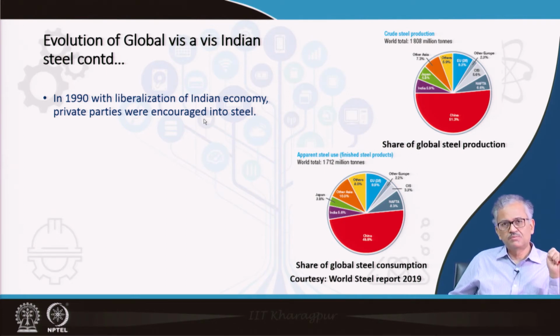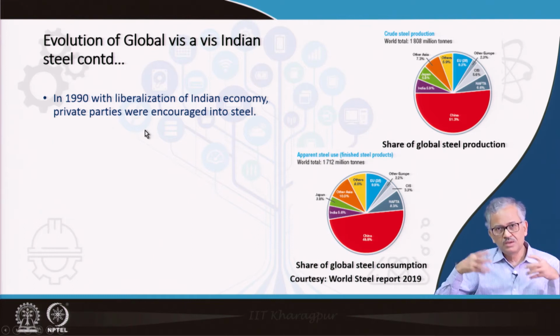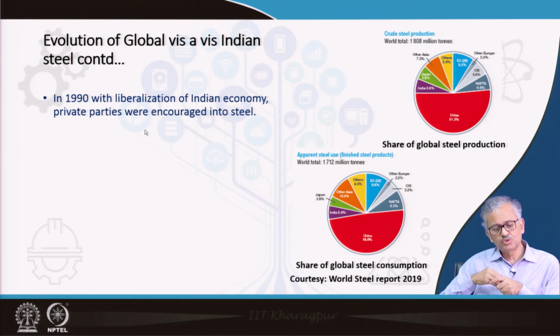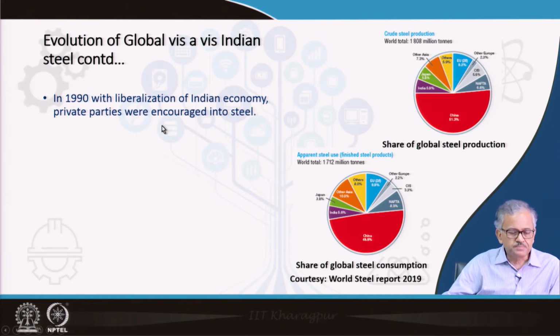As a result, private parties were not encouraged. But after liberalization, the government deregulated and decontrolled a lot of things. As a result, private parties found it a very congenial, very good atmosphere to participate in steel making.